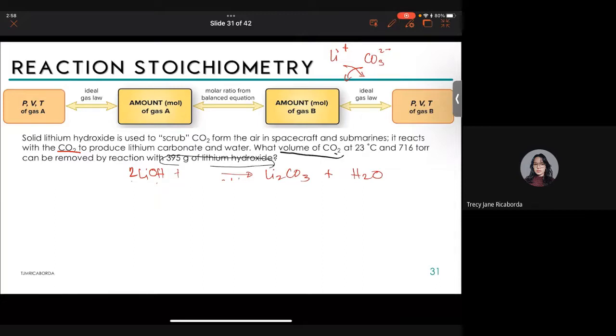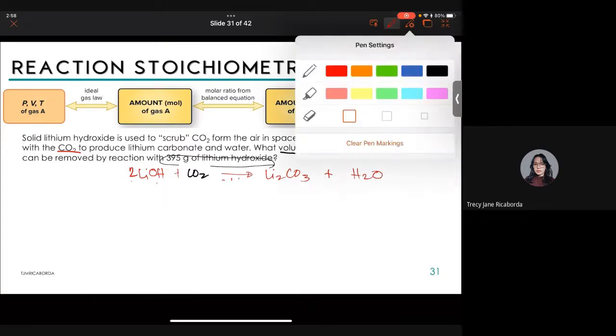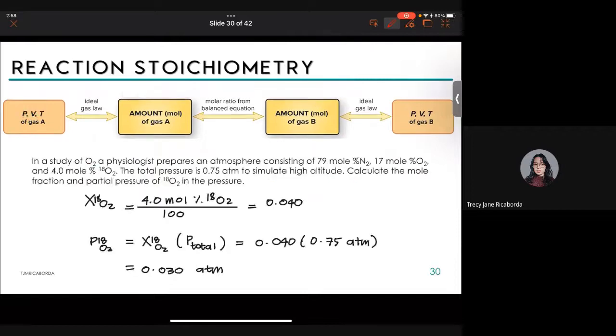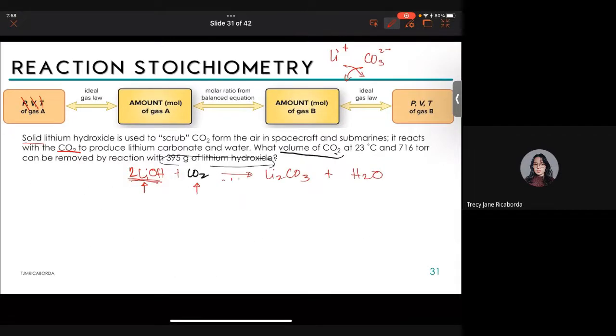Everything: lithium hydroxide, carbon dioxide, lithium carbonate, and water. Now, what we're looking for is the volume of CO2, given 395 grams of lithium hydroxide. We are not given this, right? Because lithium hydroxide is not a gas. Sorry, lithium hydroxide is a solid.